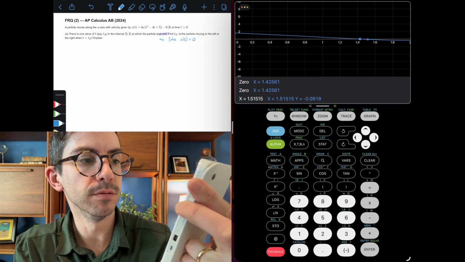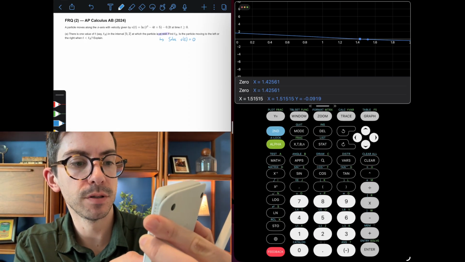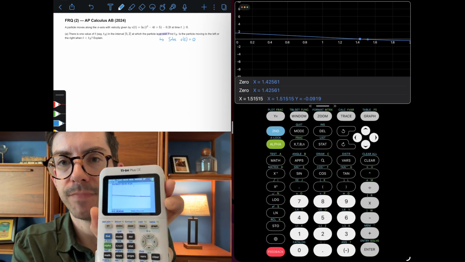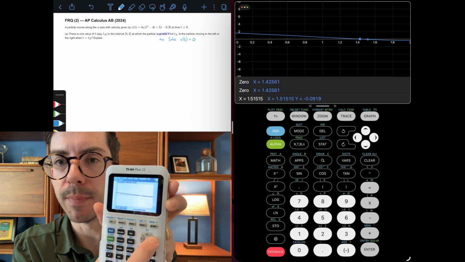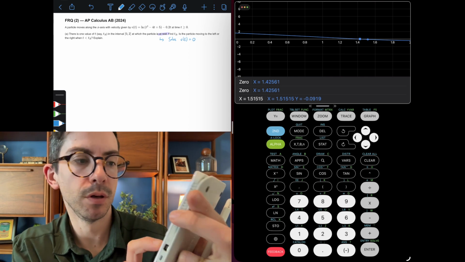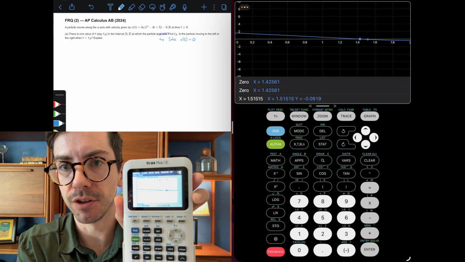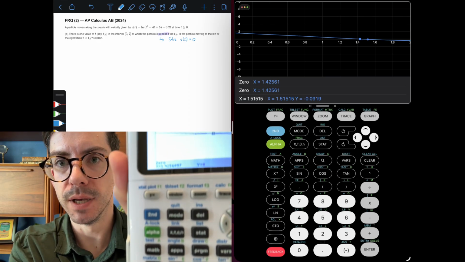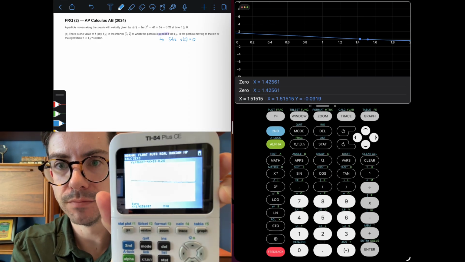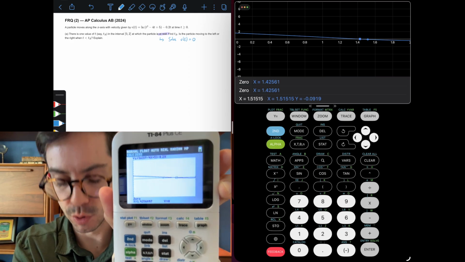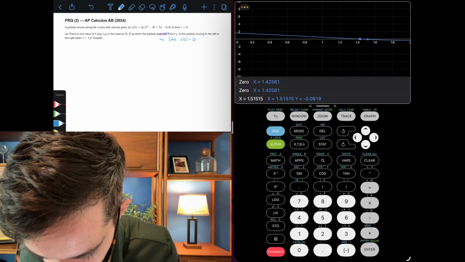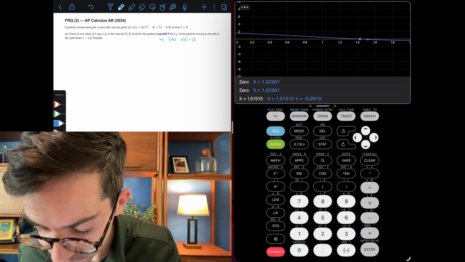I'll do my left bound here. I'll move my right bound over to the other side. And then remember, I have to hit a guess. I can just hit enter a third time and it will tell me my zero is 1.426.